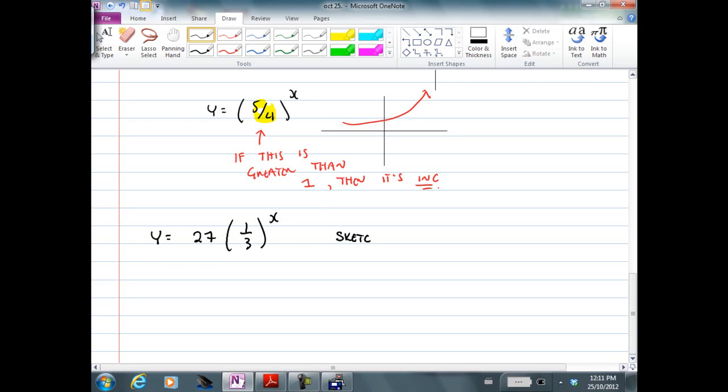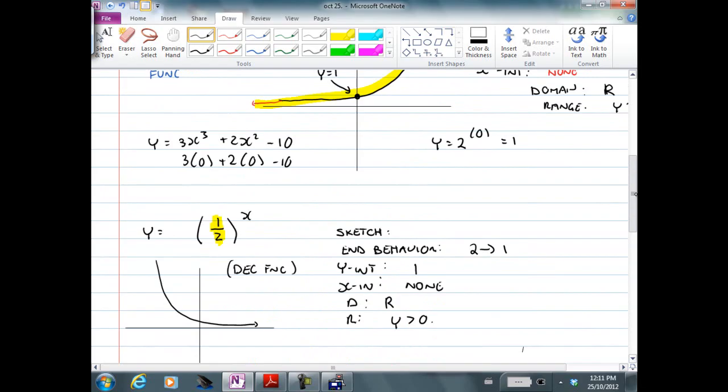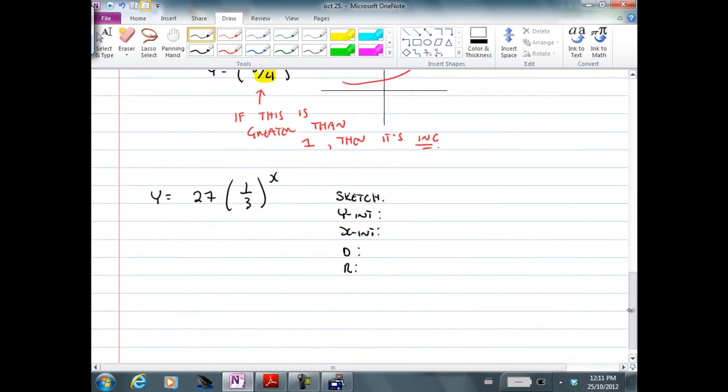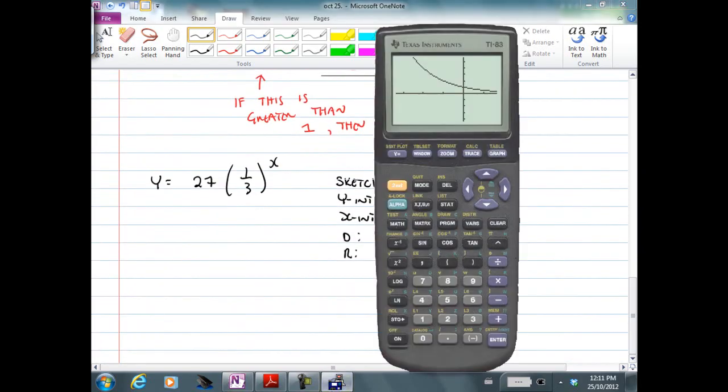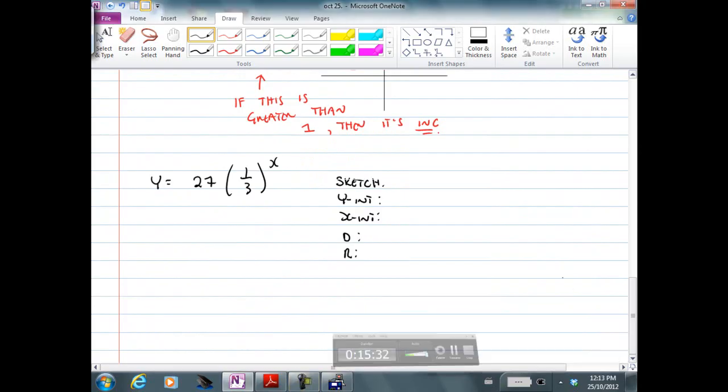Do not use your calculators yet. Tell me my y-intercept, x-intercept, domain and range. Pause it and do not use your calculator.